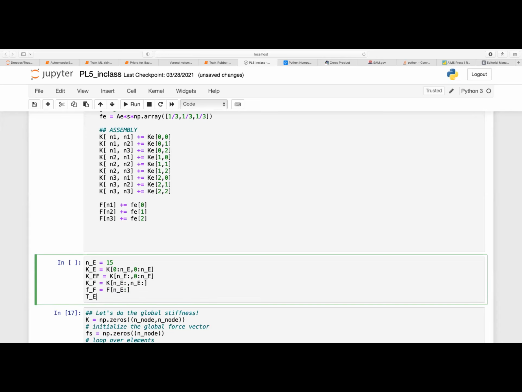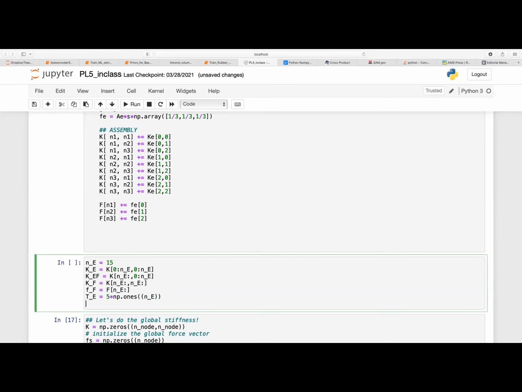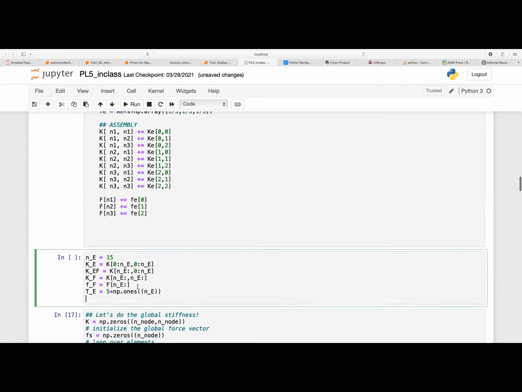And then we need to create the TE. TE is a vector of ones, size 15. I'll just do NE. So this TE has the 15 nodes. We said we were going to set the temperature to 5 for those nodes. And so I think I have everything that I need.